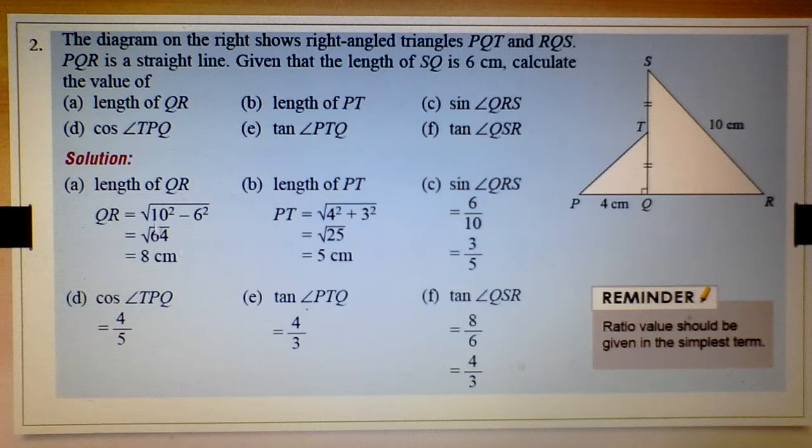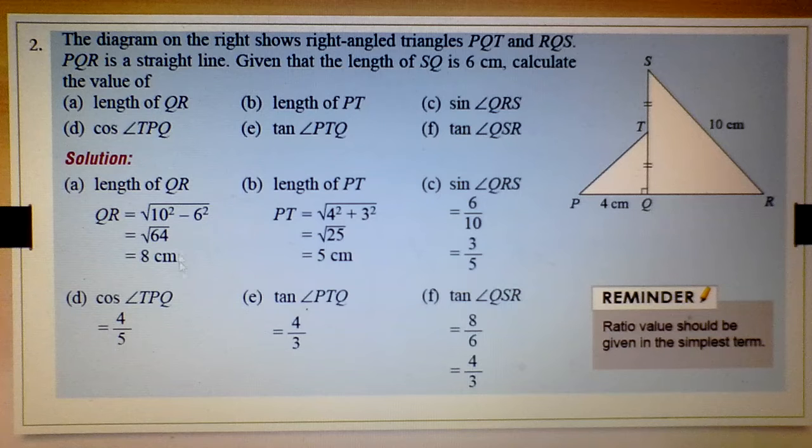Okay, so let's try to calculate using Pythagoras theorem. Length of QR. Okay, so QR equals to hypotenuse is 10. So meaning 10 square minus 6 square. The longest value one minus the other one. So 10 square minus 6 squared, we get square root of 64, then we get 8.